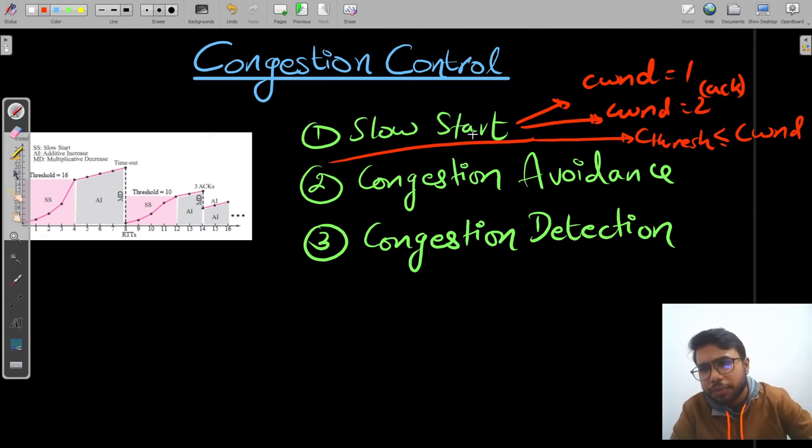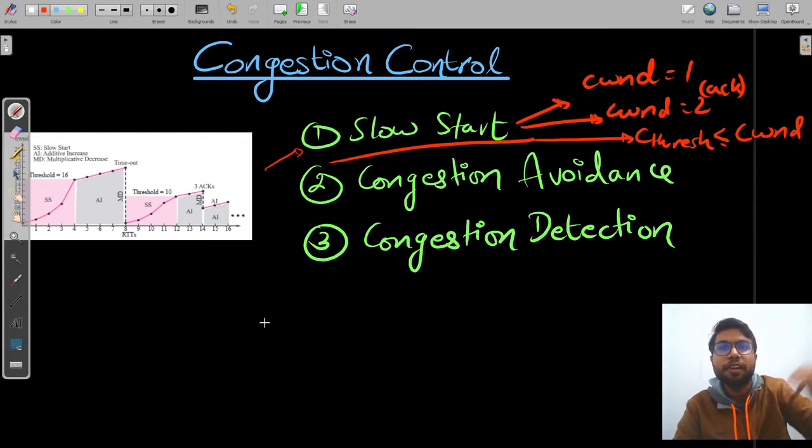This simply says that this was slow start. We start slowly, but then we try to reach the optimal congestion window very fast. So we reach a threshold, and then we move on to our congestion avoidance phase.